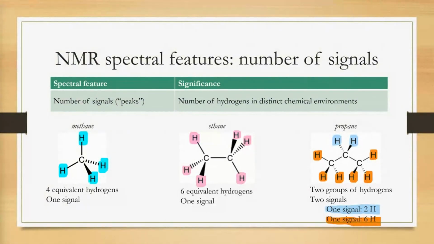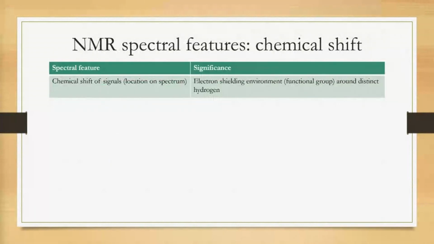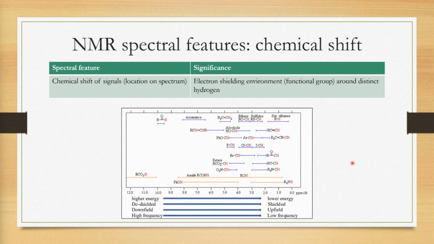So we've got number of signals. That's how we know the number of groups of hydrogens that are in distinct chemical environments. The second feature is the chemical shift, or the location on a spectrum. And that tells us information about the shielding environment or functional group around a distinct hydrogen. Just like IR, there are some ranges where we expect to see peaks for certain protons.